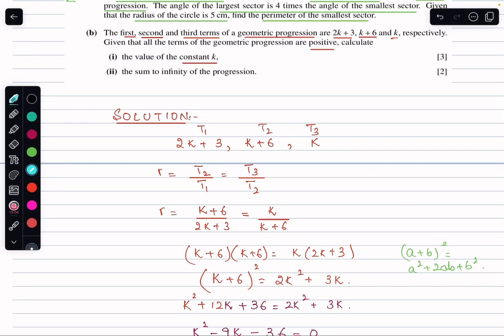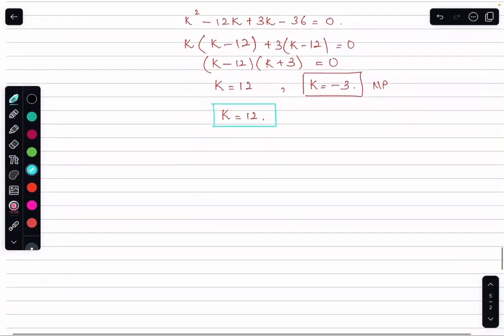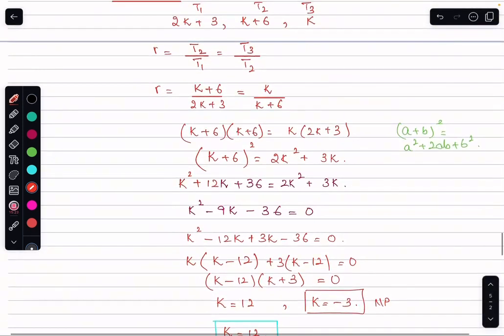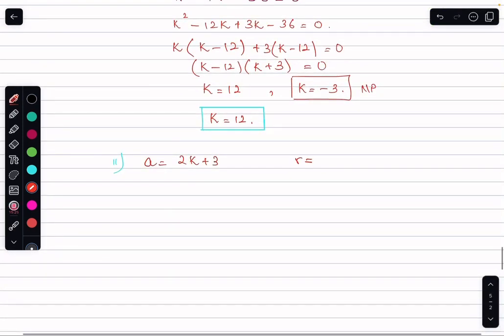The first term is 2k plus 3, and we know that the common ratio here was equal to k over k plus 6. Let's take a simple value, which is k over k plus 6.